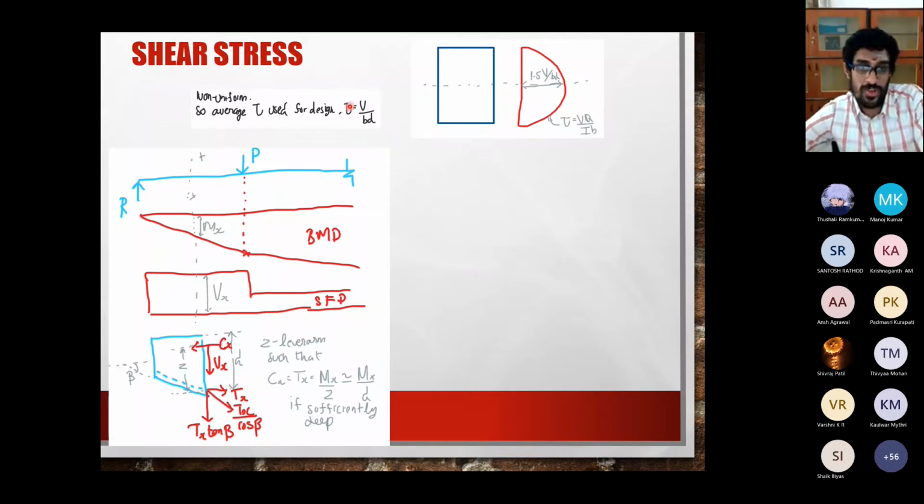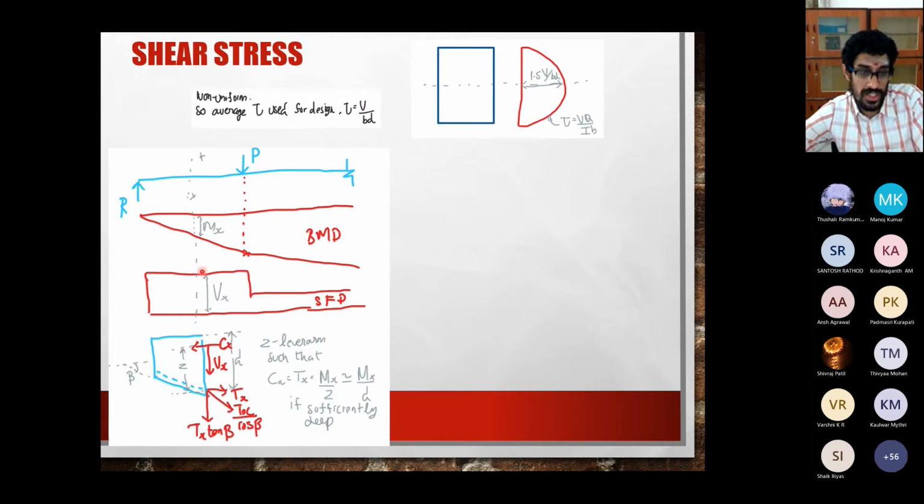So the other reason why we just go with the average shear stress is that, unlike finding flexural stress, finding shear stress is not a very easy process, especially if you have some other shape which is not a perfect rectangle. If you have a T shape or something else like that, it is not very easy to find this shear stress distribution. Okay, you can find it, but not everybody will want to do that. So therefore, just for our convenience, the code says go ahead with the average shear stress.